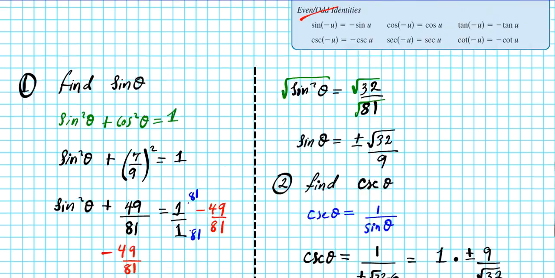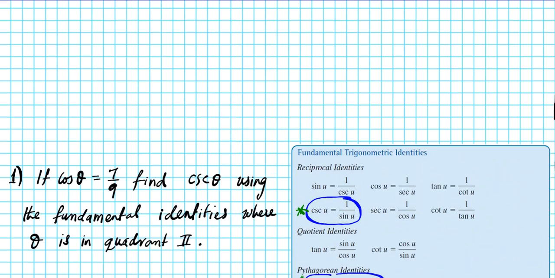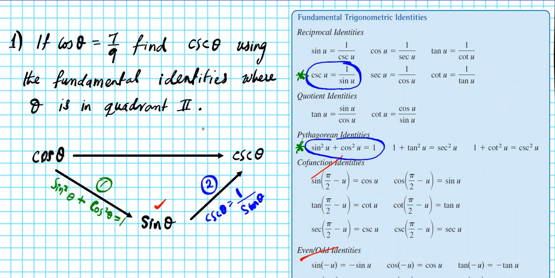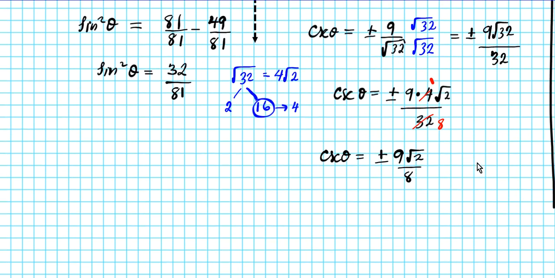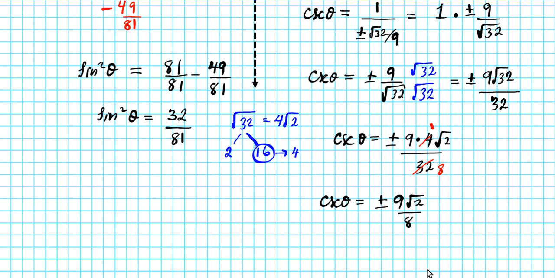We're told in the problem right at the onset that theta resides in quadrant number 2. Okay? So what does that mean? Well, it means that we can basically use the location of theta on the unit circle to determine the sign of cosecant. Okay, so we remember that all students take calculus. We are in quadrant number 2.